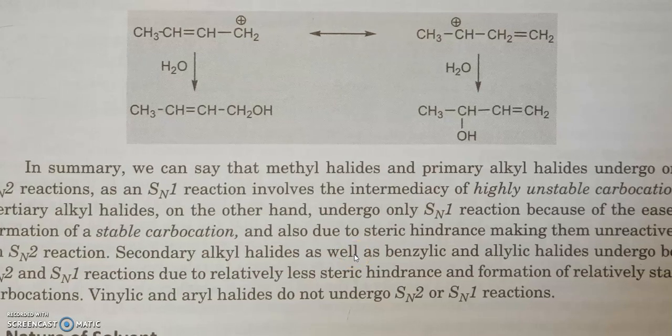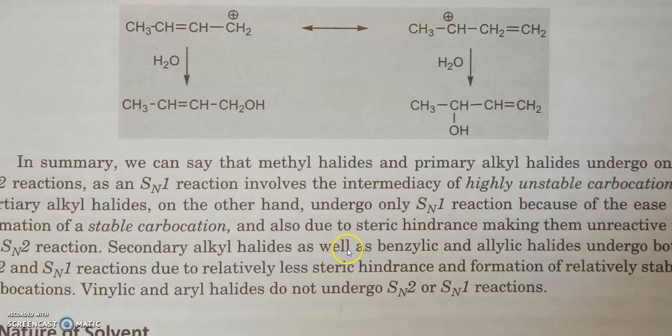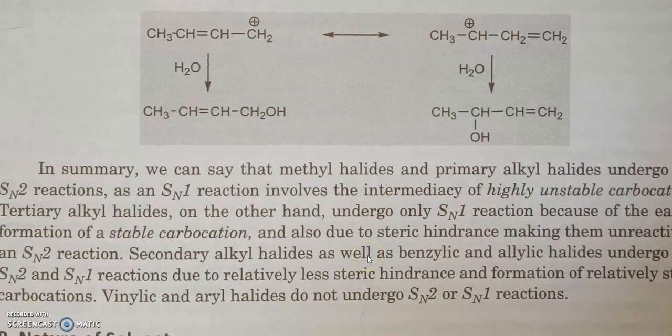Secondary alkyl halides as well as benzylic and allylic halides undergo both SN2 and SN1 reactions due to relatively less steric hindrance and formation of a relatively stable carbocation. Vinylic and aryl halides do not undergo SN2 or SN1 reaction.